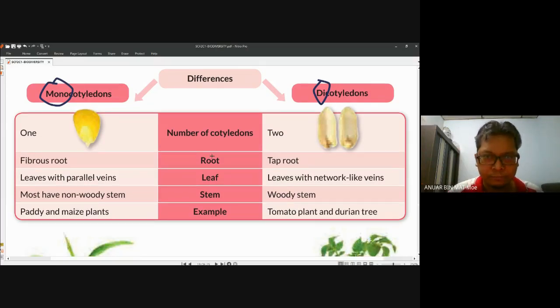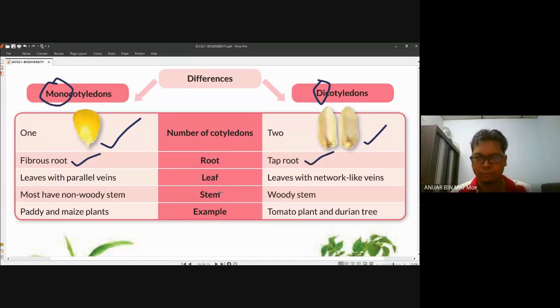So what's the difference? One cotyledon is right here. You can see the picture here, and then for the two cotyledons, we have two cotyledons here, right? They can be separated into two. How about the roots? Roots for monocotyledon are fibrous roots, and roots for dicotyledon are tap roots.